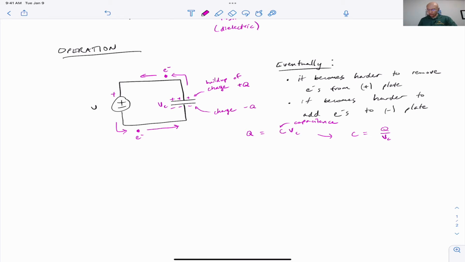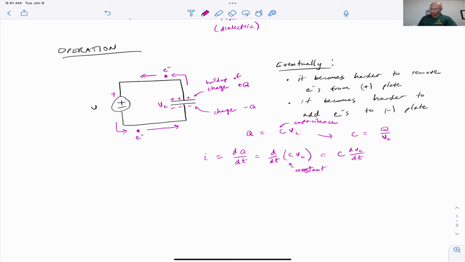So we actually do have a current, and the current, as you might recall, I equals the time rate of change in charge, and from above, it's the derivative of this. Now typically, C is constant, therefore we can bring it out of the derivative.